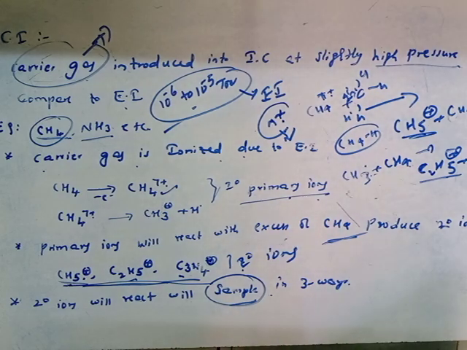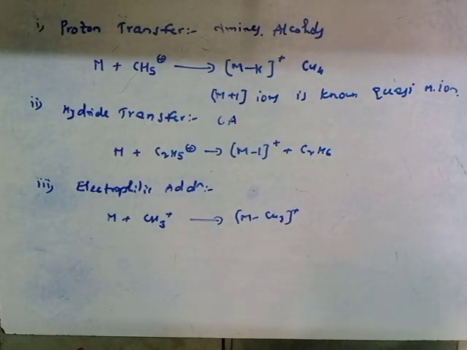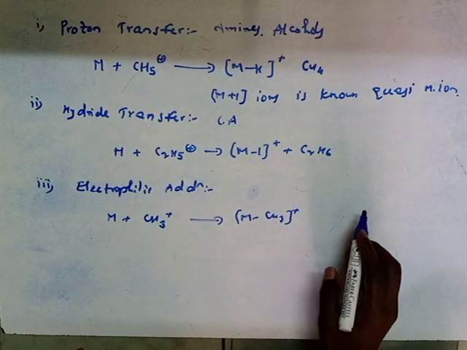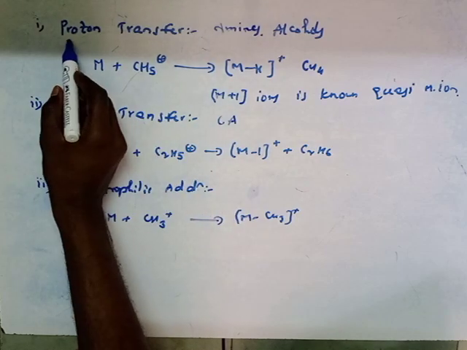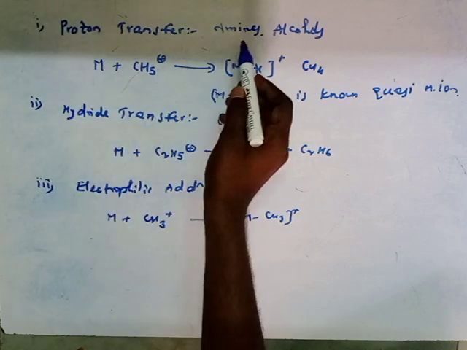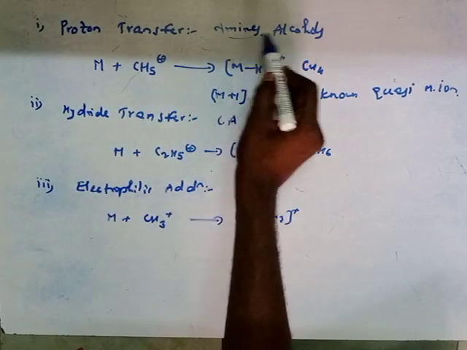The secondary ions are unstable, and they will react with the sample in three ways. The first one is proton transfer. Generally proton transfer takes place in amines and alcohols.